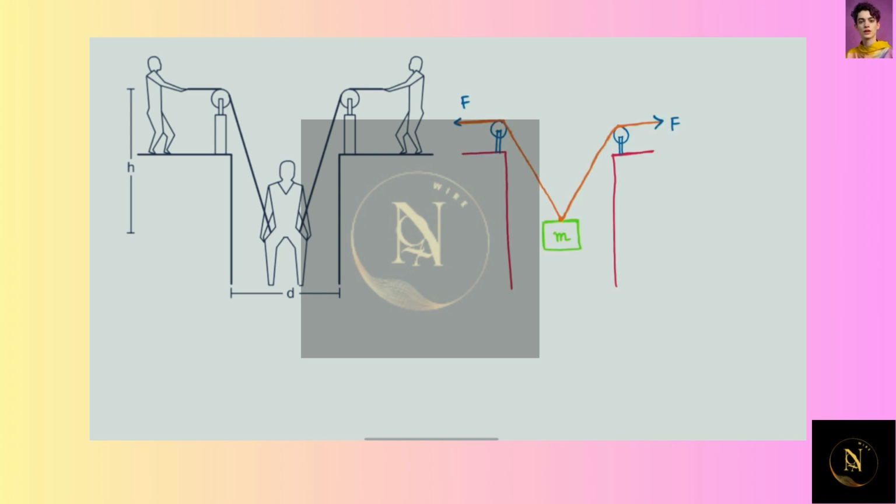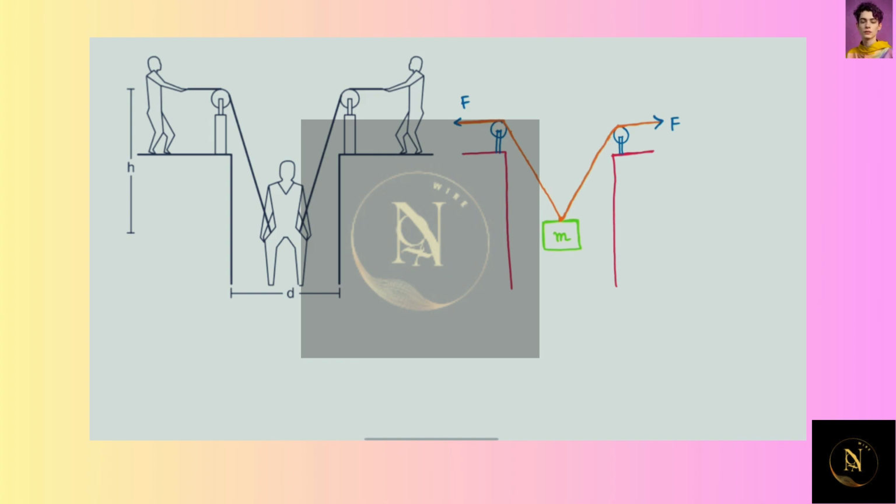As you can see, the man who is inside the ditch has been replaced by a block of mass small m, and let's say on the two strings the two friends are pulling with a force of F as shown in the figure. We have to show that whenever the block moves upward, the value of this force F will also increase.